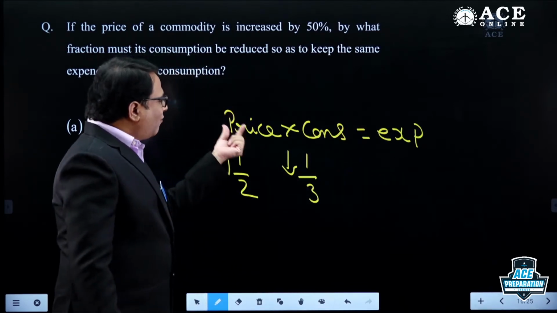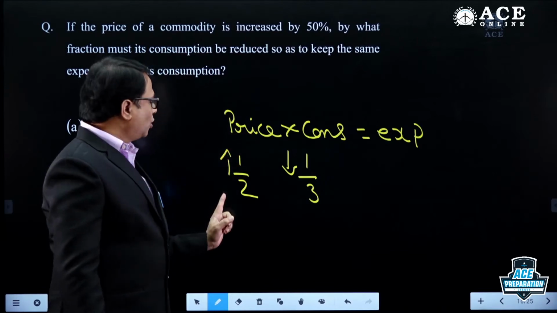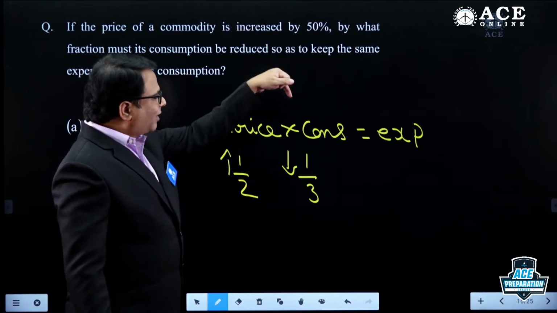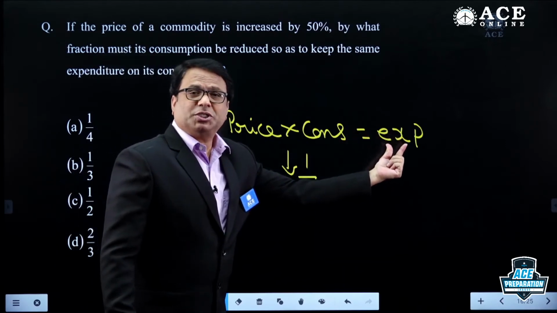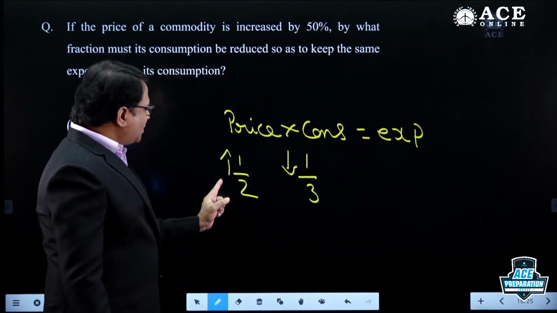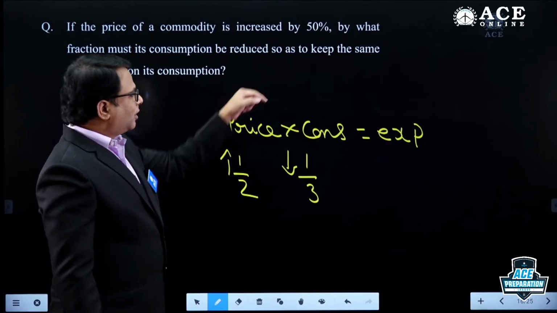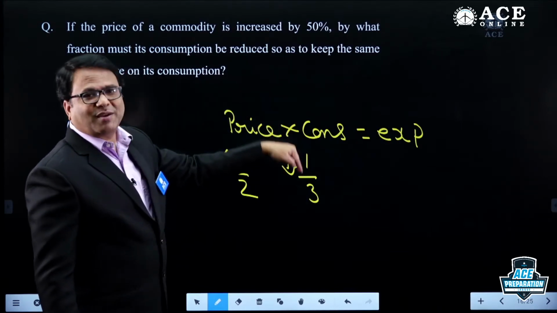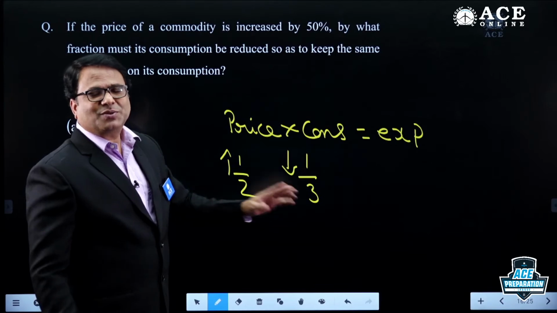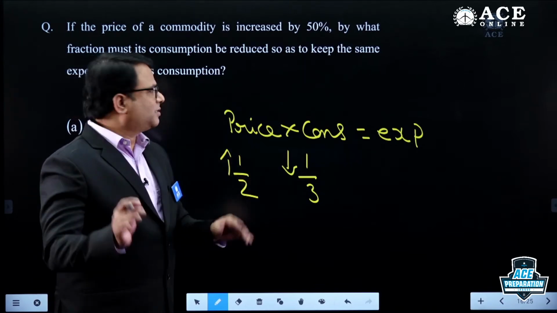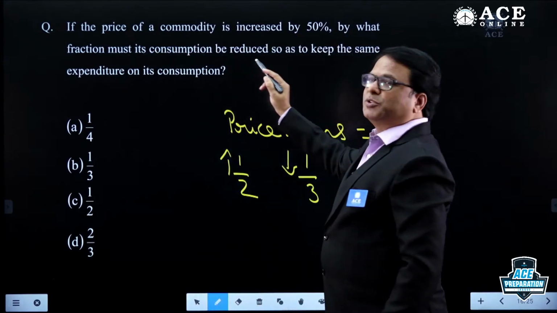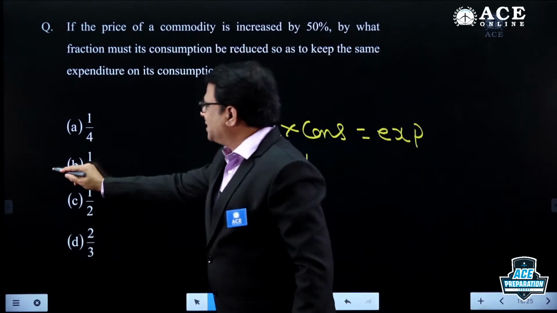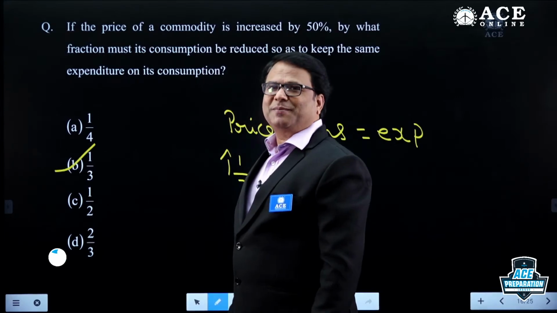When one factor of the product goes up, then another factor of the product will decrease to keep the product constant. So when price goes up by 1/2, automatically consumption will decrease by 1/3, so that the expenditure remains the same. So what is the question? By what fraction must consumption be reduced? So I can say consumption must be reduced by 1/3.